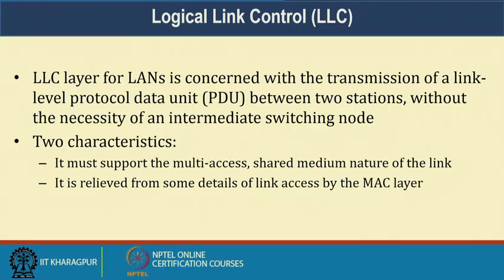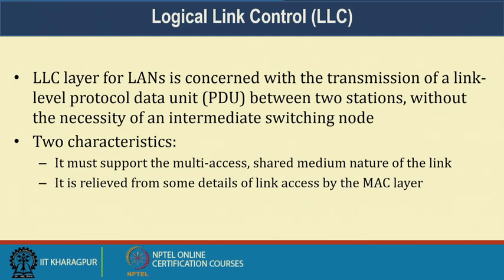That is the basic bottom line, and there are two characteristics. It must support the multi access, shared medium nature of the link. These are the things we expect from the LLC or data link layer protocol.